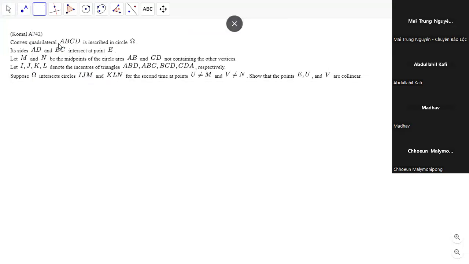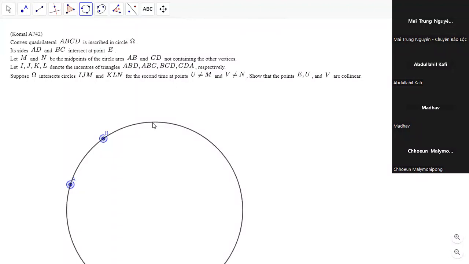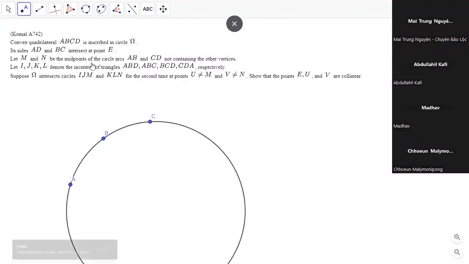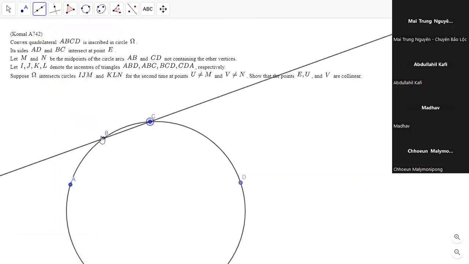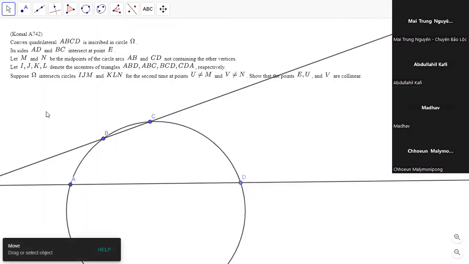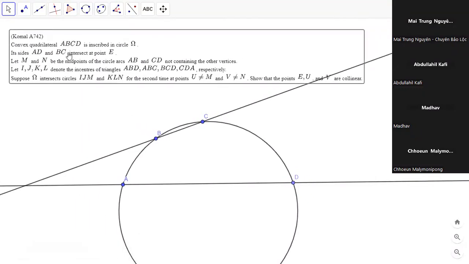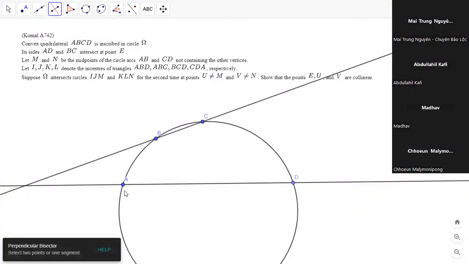So we have quadrilateral ABCD and a circle omega, and its sides intersect at point E. But AD and BC are, okay, so not the diagonals, but the sides. M and N are the midpoints of AB and CD. All right, we could do it like this.